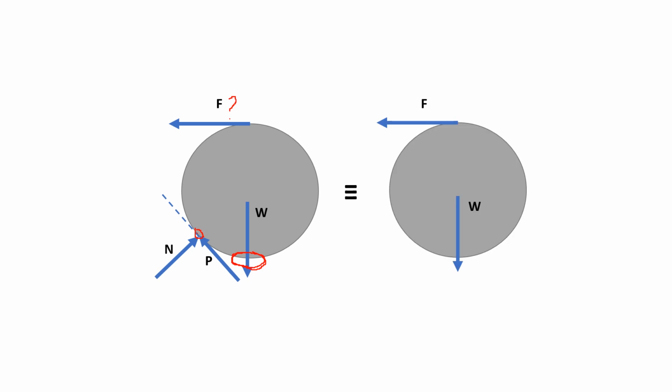Take note that these are the two forces that we know the direction of. The weight is always directed downwards, and the force from the rope is tangent to the wheel.